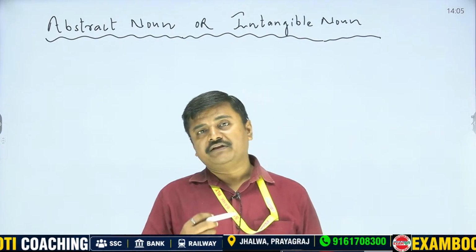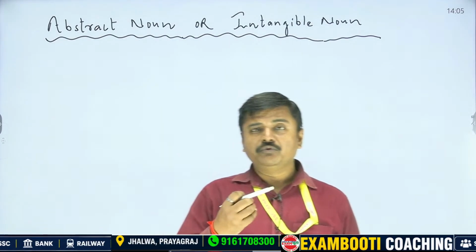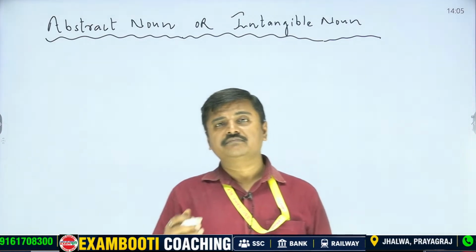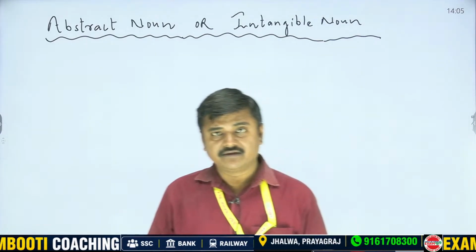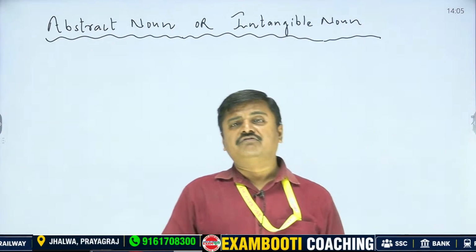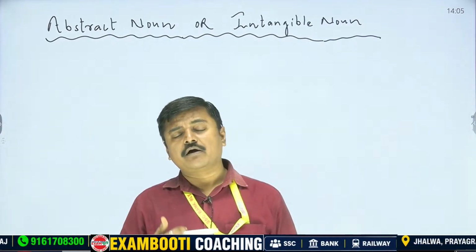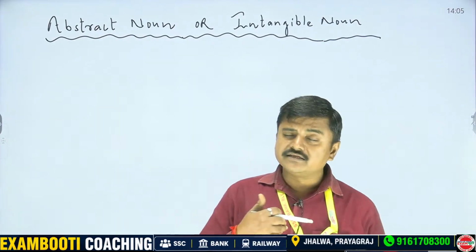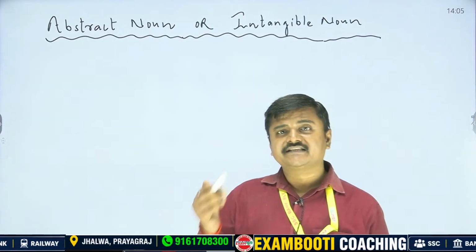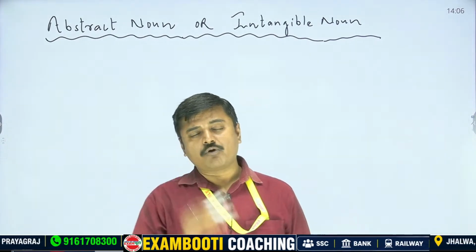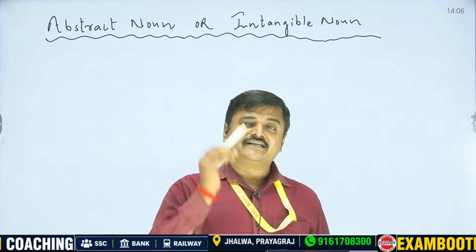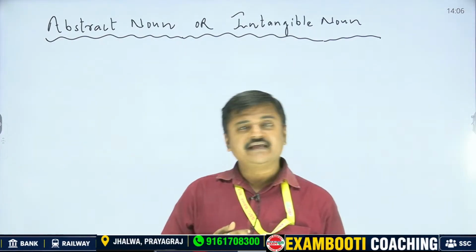Because when you study or when you learn the definition of adjective, the same problem stands there as well. What is an adjective? You find that a word that qualifies a noun or a pronoun is called an adjective. Here the quality is regarded as an adjective. Here the quality in the first definition of a noun or abstract noun, it is regarded as an abstract noun or intangible noun.